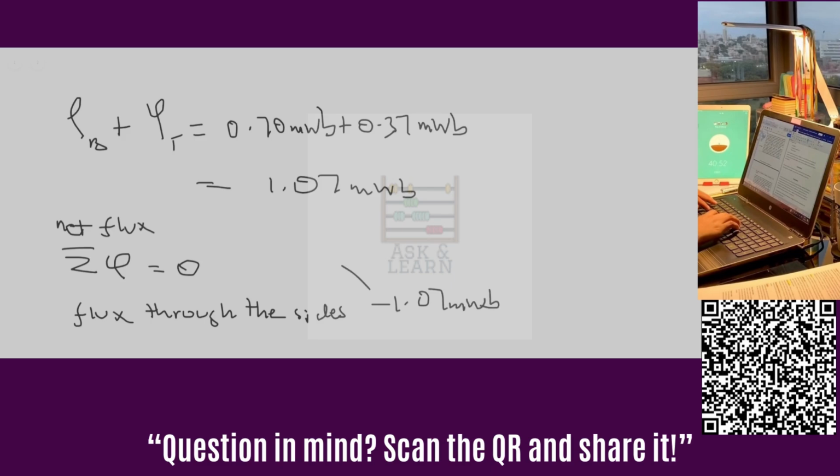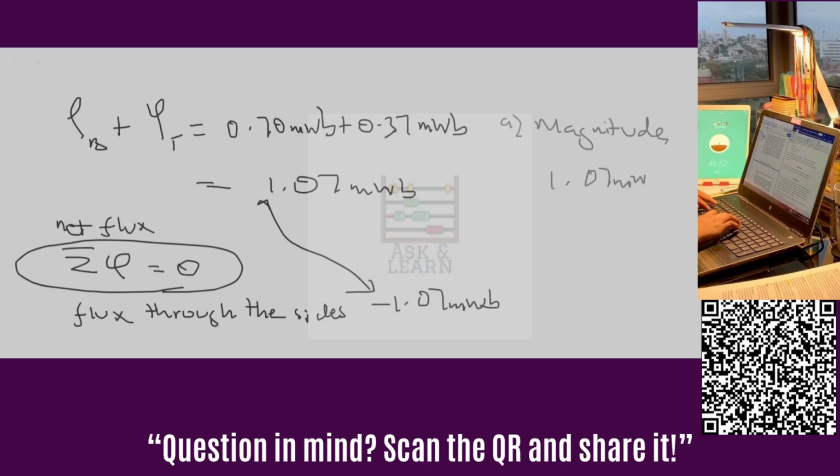The reason why it's negative is because when these two cancel out, you get a net flux of 0. That helps us find the magnitude, so the answer to A is that the magnitude of the flux is equivalent to 1.07 microweber.